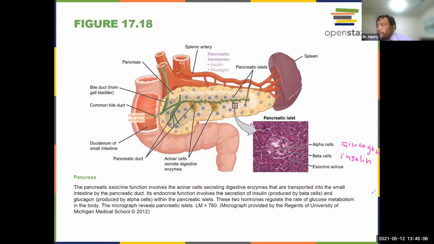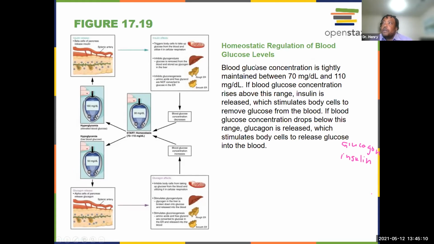Okay, so for homeostasis regulation of blood glucose, we have insulin being released by the beta cells.